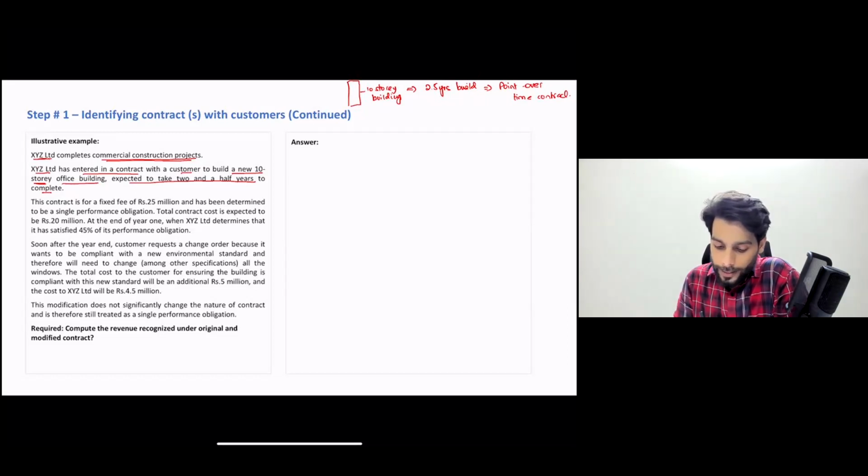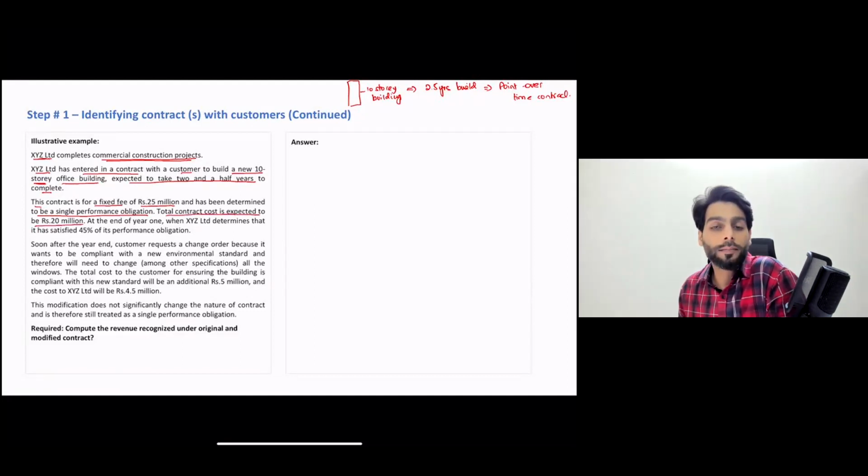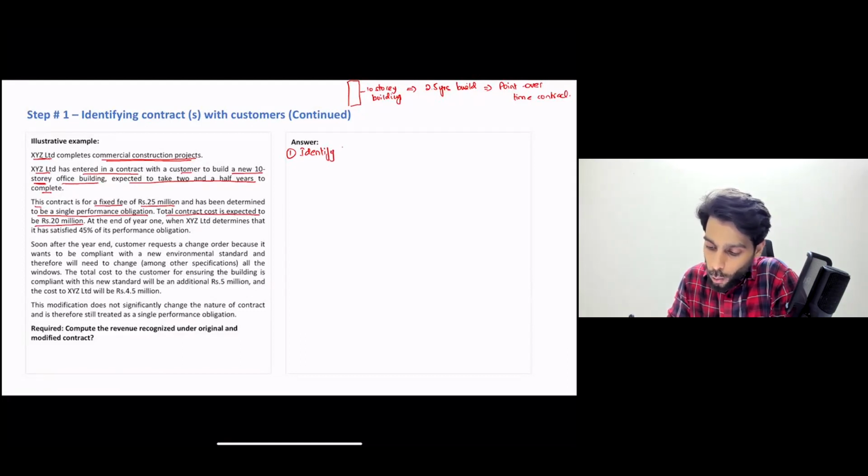All right. The examiner says this contract is for a fixed fee of rupees 25 million and has been determined to be a single performance obligation. Total contract cost is expected to be rupees 20 million. So if we follow our first step for point over time contracts, it was to identify total profit or loss.